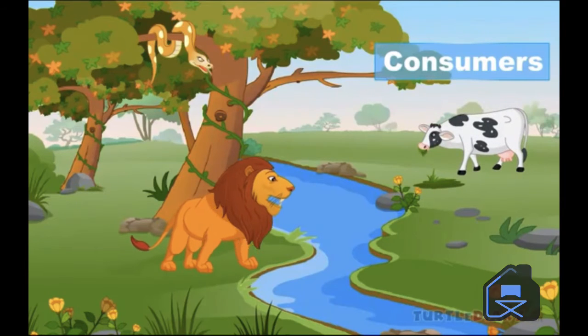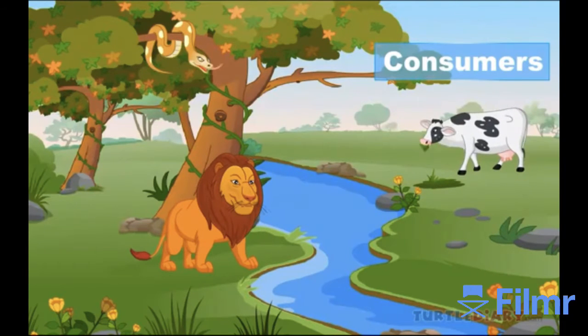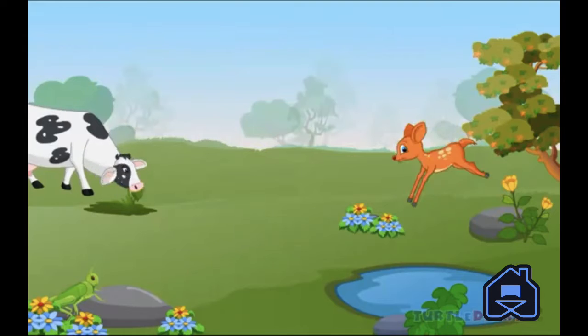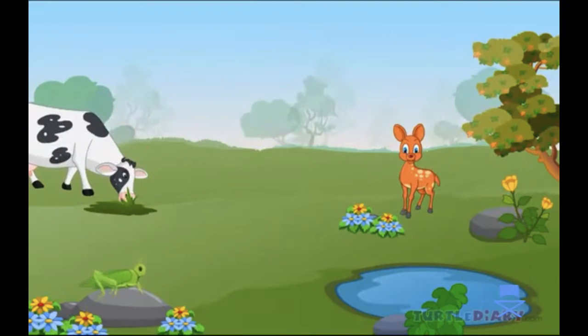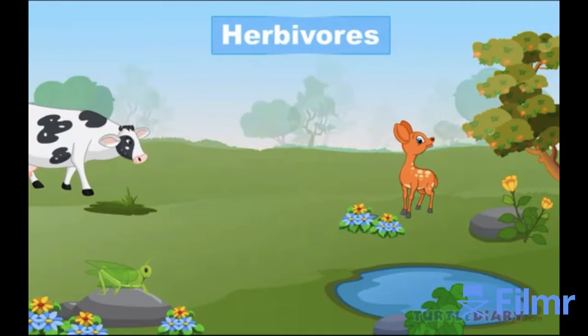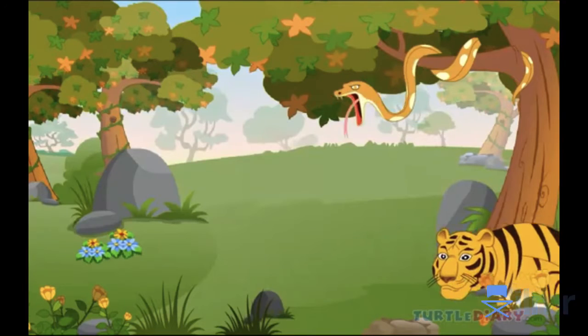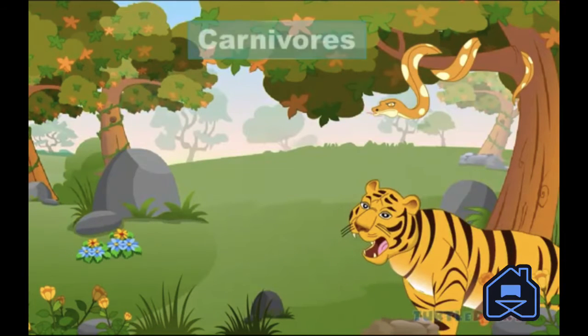Some animals eat plants and some eat animals for energy. Animals that eat only plants to get energy are called herbivores. For example, deers, cows, grasshoppers. Animals that eat only animals to get energy are called carnivores.